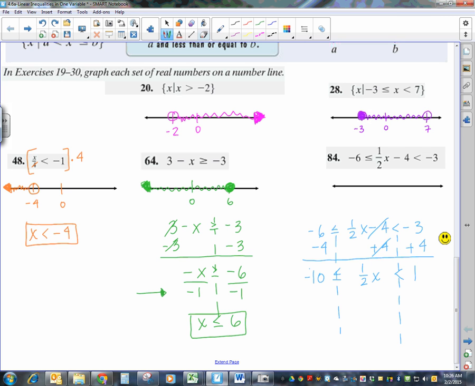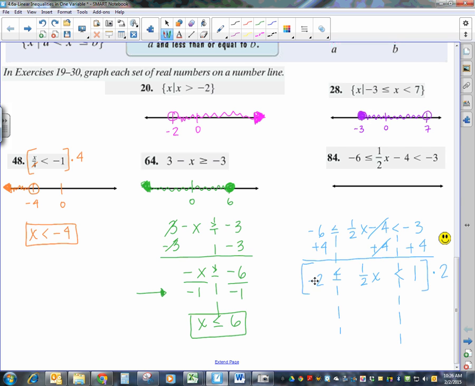Except I didn't have anybody here telling me that that wasn't supposed to be negative 4. That was supposed to be positive 4 because I added 4 to everything. Plus 4. Negative 6 plus 4 is negative 2. And now I have 1/2 x, which is similar to what I did there. So I am going to multiply everything by 2.